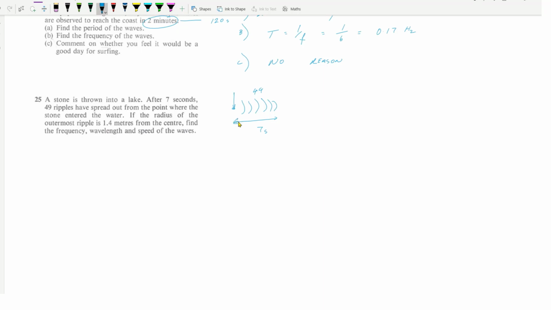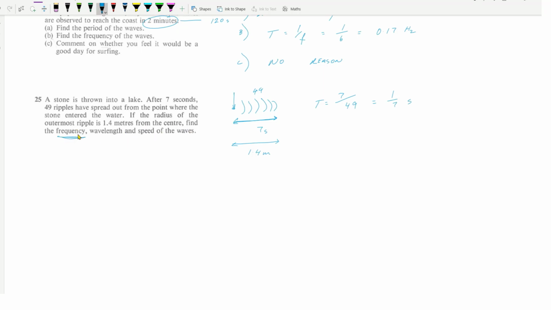So that's the time interval for 49 waves, and when you add up all the individual waves in terms of their wavelengths, that's going to equal 1.4 meters. So the period here is going to be the 7 seconds split over 49 waves, so therefore it's 1/7 of a second. I'm going to leave it expressed like that for the time being.